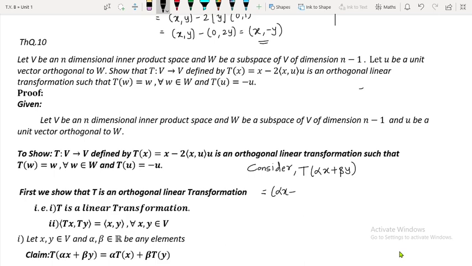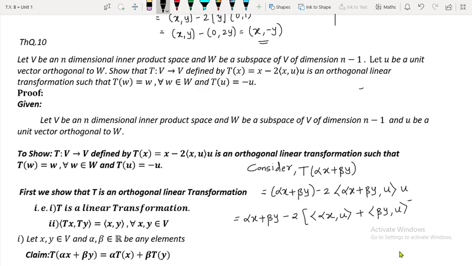It will be alpha x plus beta y minus twice inner product of alpha x plus beta y with u, outside u, which is further equal to alpha x plus beta y minus twice, inside the bracket, inner product of alpha x with u plus inner product of beta y with u, outside it is u, which is further equal to alpha x plus beta y minus twice inner product of alpha x with u, outside it is u, minus twice inner product of beta y with u, outside it is u.